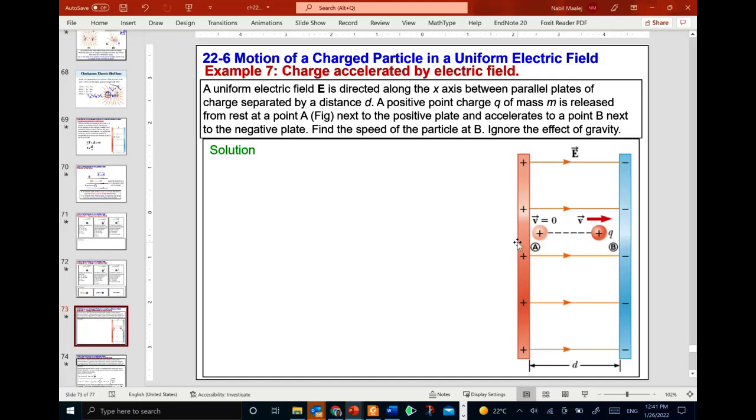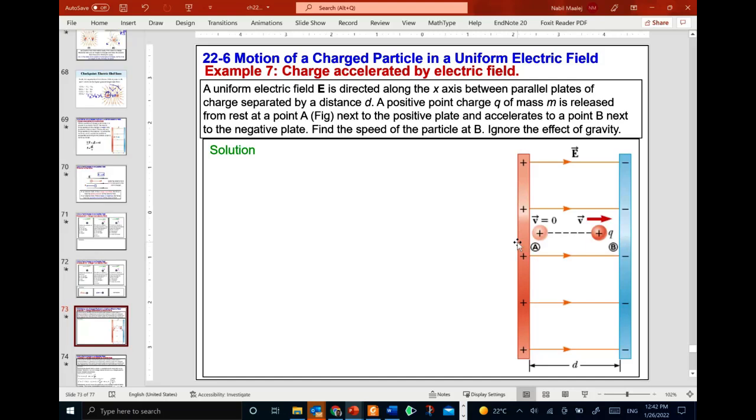Now this charge is positive, so the force is going to be like this, F. This is the electrostatic force. We ignore gravitational force because it's really insignificant. So the electric force is just equal to qE, and we can use Newton's law: this force is equal to m times a, the mass times the acceleration.